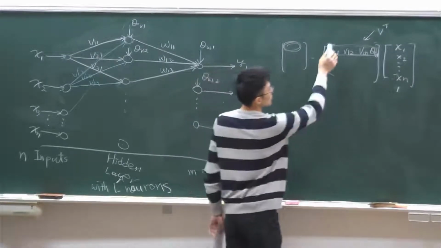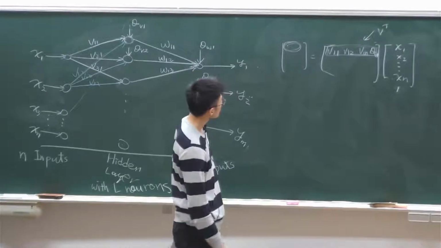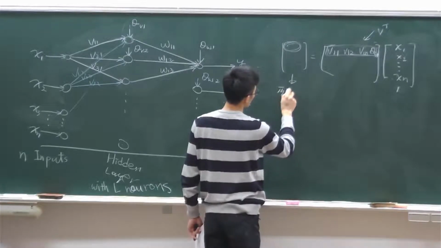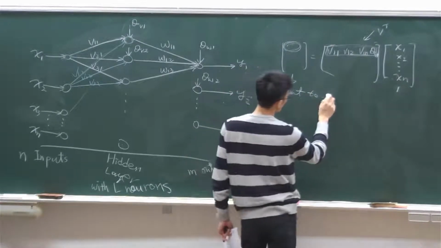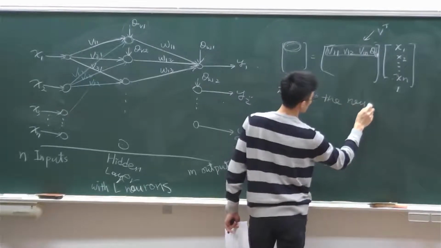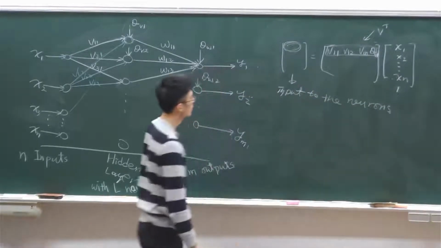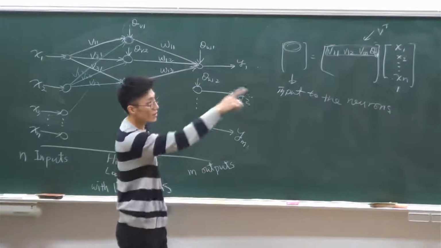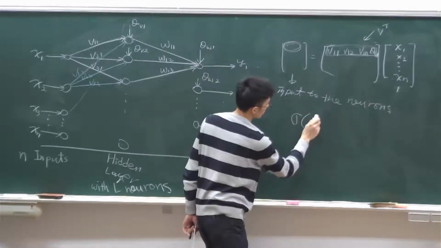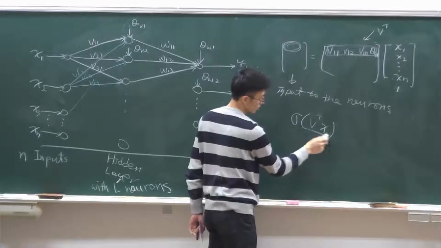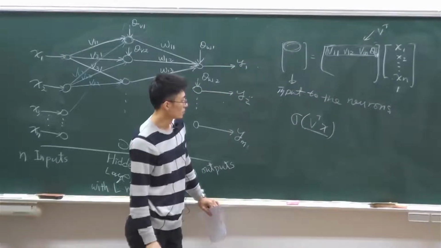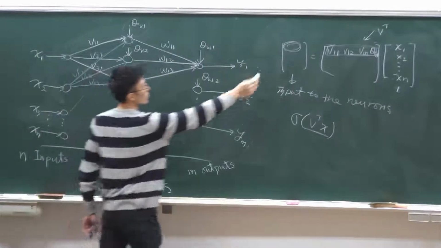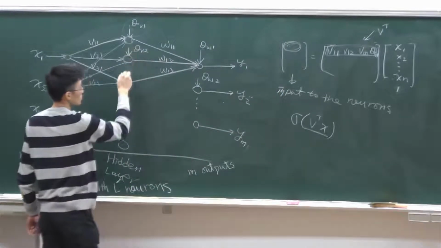We put all the estimates in this matrix V. So this is the input to the neurons. Any questions? So this is Vx, and Vx will be the argument for the activation function. That means all these are the inputs to the neurons.